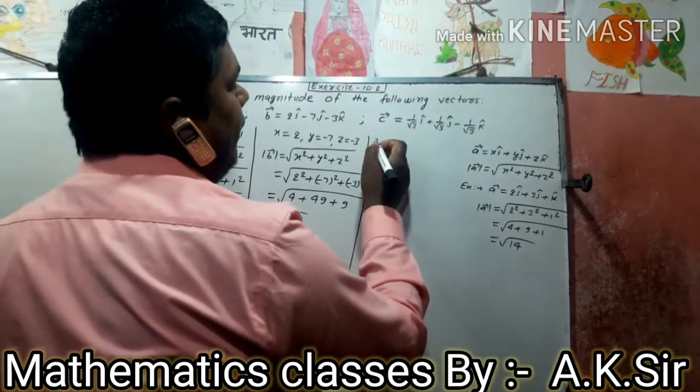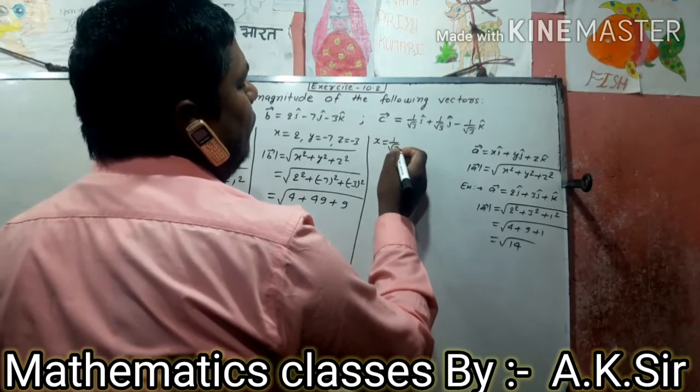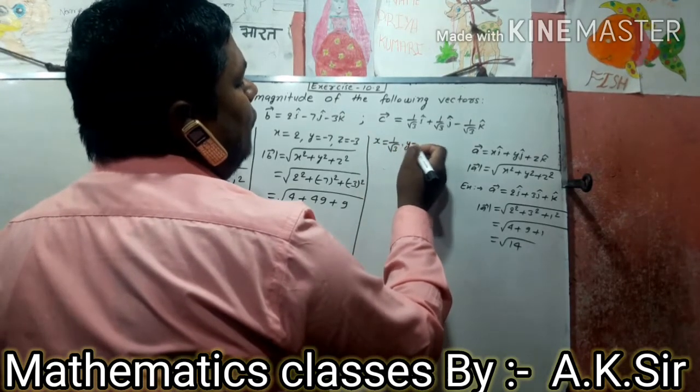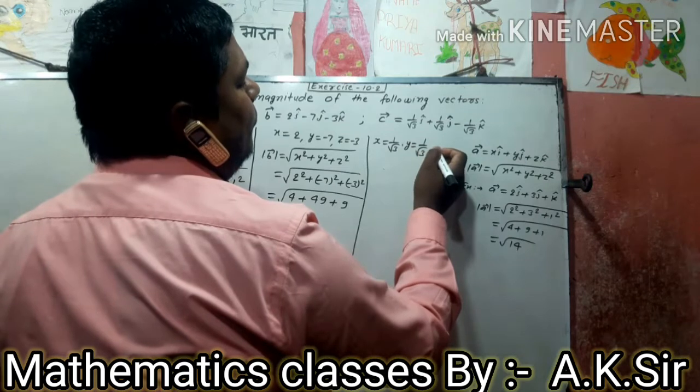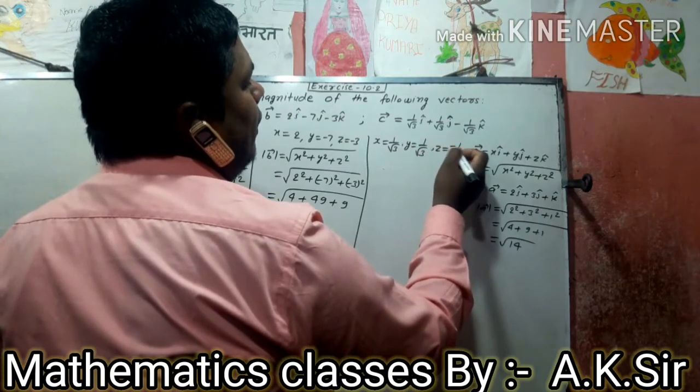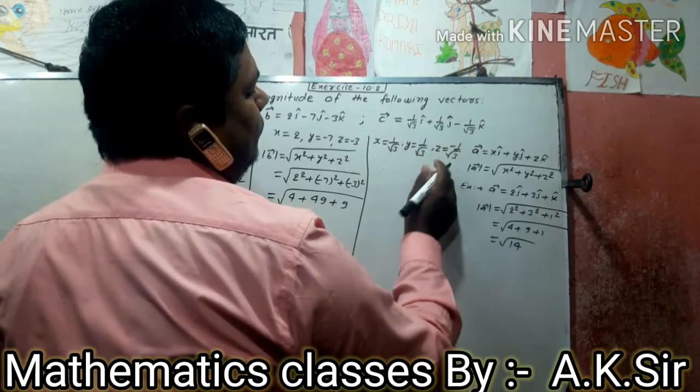Here x is equal to 1 by root 3, y is equal to 1 by root 3, z is equal to minus 1 by root 3.